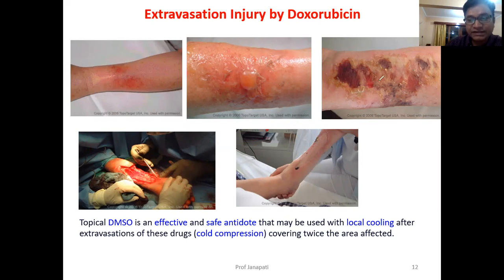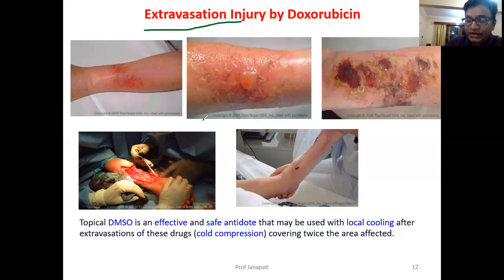Sometimes you even see the cells, it eats everything, and sometimes even danger. You see everything, the veins, tissue, everything is eaten by the drug. This is the issue with this doxorubicin. It is a very good drug, more side effects again. To prevent this extravasation, this is called extravasation injury.